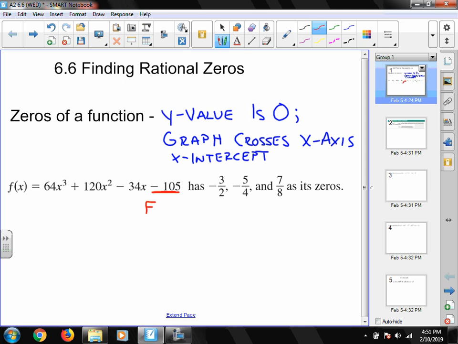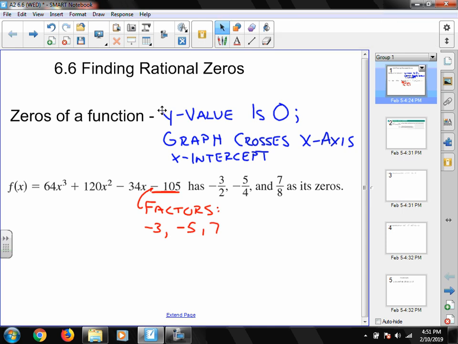Those are factors. So -3, -5, and 7 can all divide 105. If you don't believe me, grab your calculator, check it out. It works. That's not a mistake. Now take a look at 2, 4, and 8.